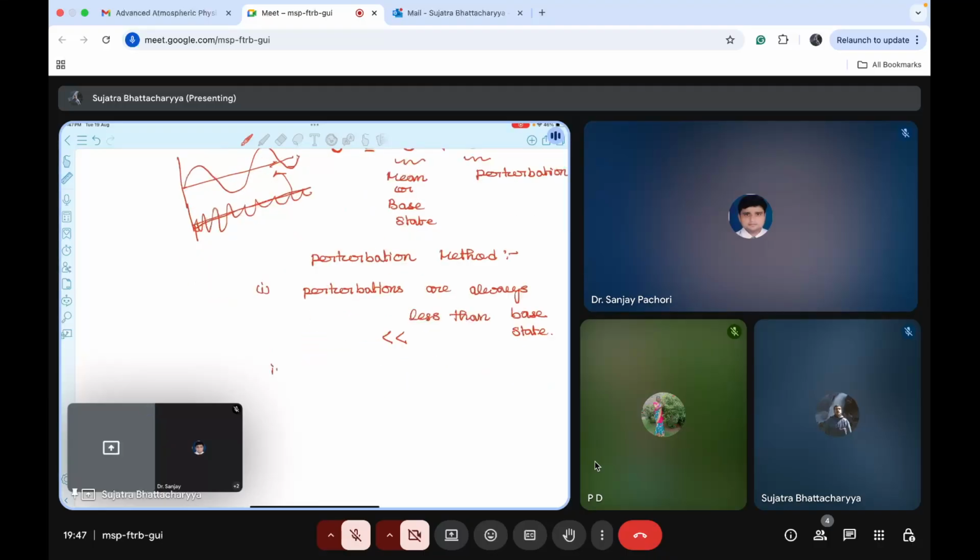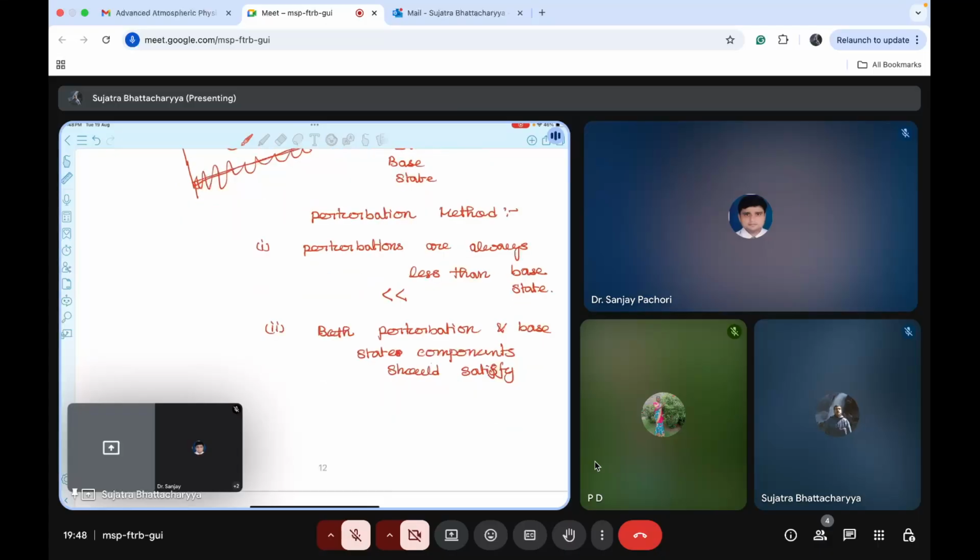The second is that both the perturbation and base state components should satisfy the governing equation.